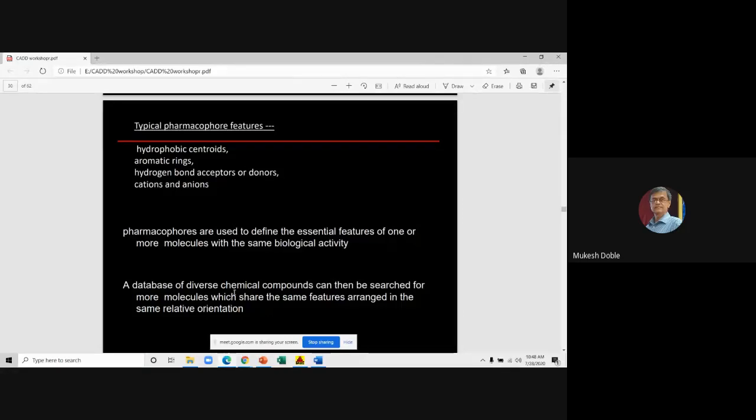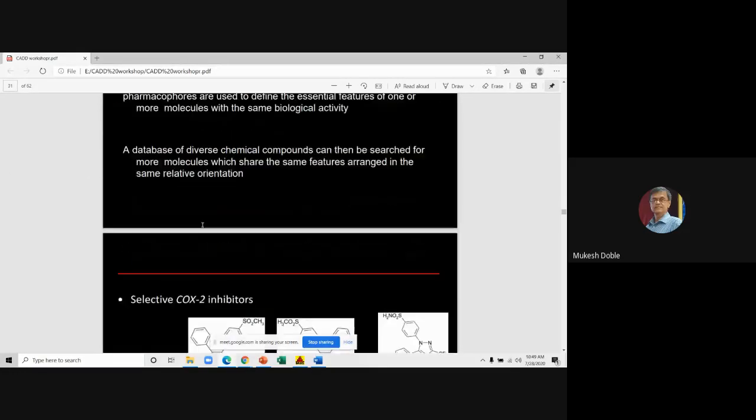Then I'll go to any database and look for similar molecules with similar features. I pick them up and I will imagine that they will also have similar activity. That way we can select molecules with the same pharmacophore features as the original set of molecules which have shown some experimental activity. That is what pharmacophore-based design is all about.